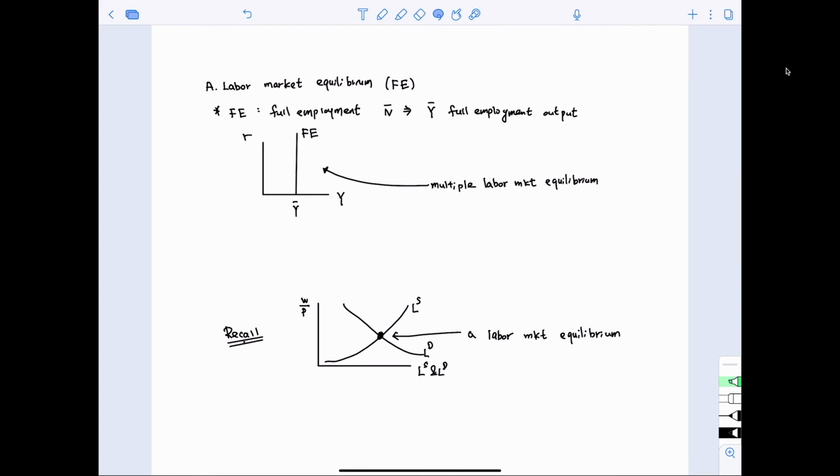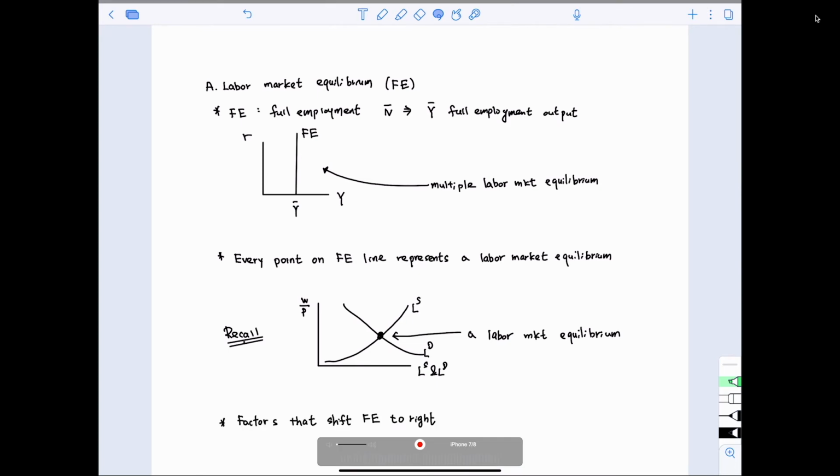But under the Keynesian diagram for the labor market equilibrium, in fact, each point on top of the full employment line represents a labor market equilibrium. So that is the main difference between the building blocks of the Keynesian analysis versus the classical analysis.